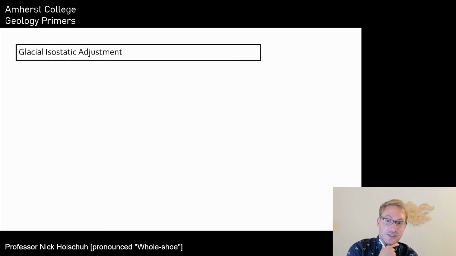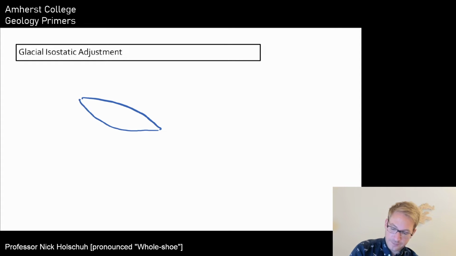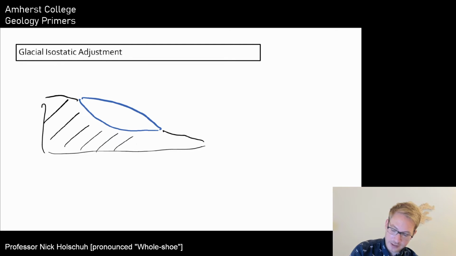In addition to the tides, there are other changes to the solid Earth that can result in changes to the position of a glacier surface. So, let's say we started with this glacier here. This glacier is sitting on rock. Here's our rock. Again, we've drawn it in cross-section. And let's say we melt off 10 meters of this glacier surface.